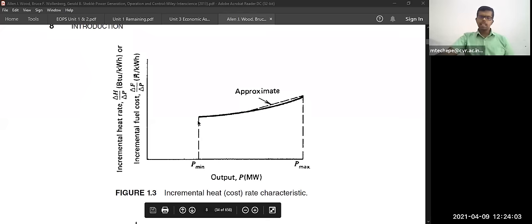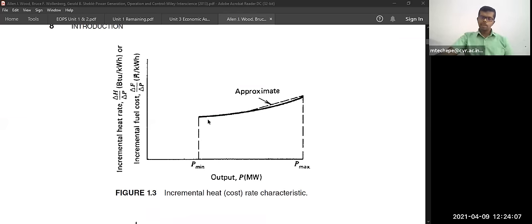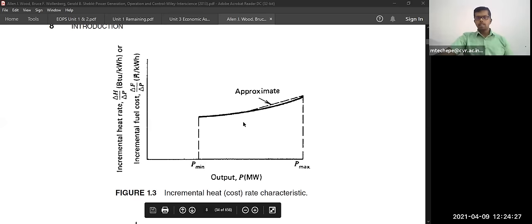With the gradual increase in incremental heat rate, the power generation also increases gradually.